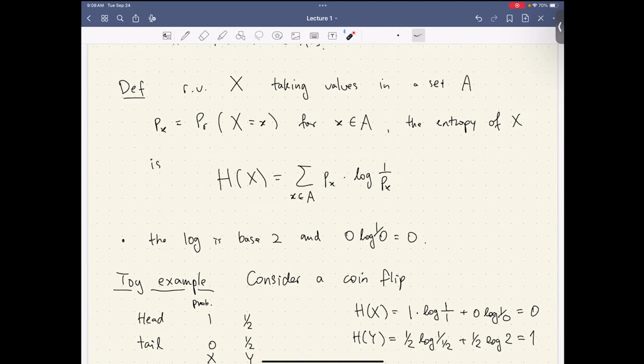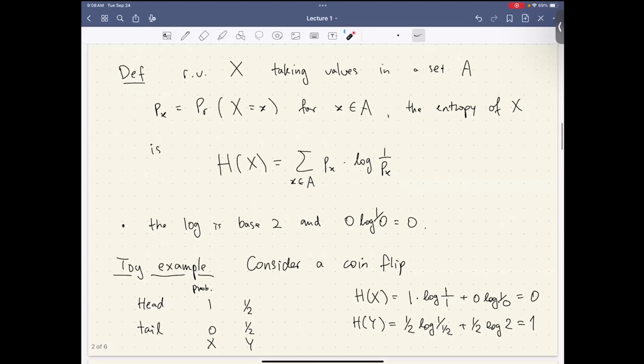The advantage is that we don't need tedious calculation using the definition. We can just prove things in an abstract way.